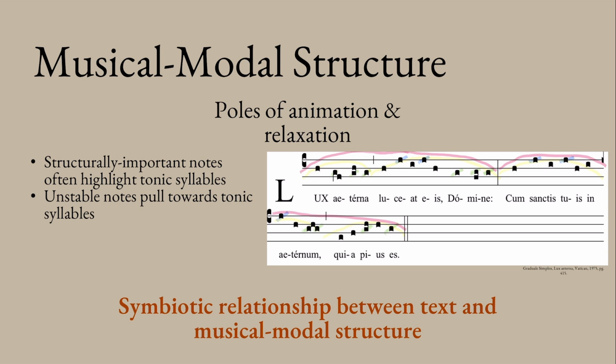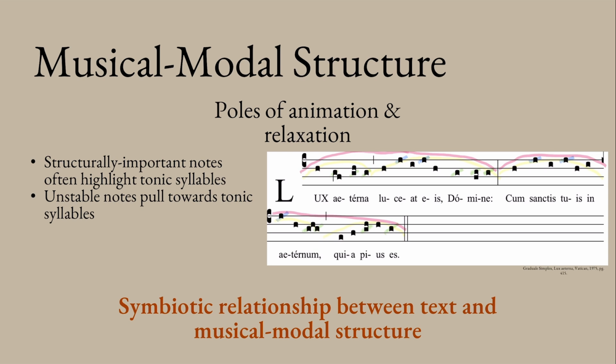Even on that first word, lux, right, which is an oxytone, or on la, which wants to pull us down. Lux aeterna. You can see even that small little subphrase wants to revolve around sol, right? You have la sol, fa sol, la sol, right? Everything's just revolving around sol. If you want to imagine like sine waves that are just going up and down around this singular pole.